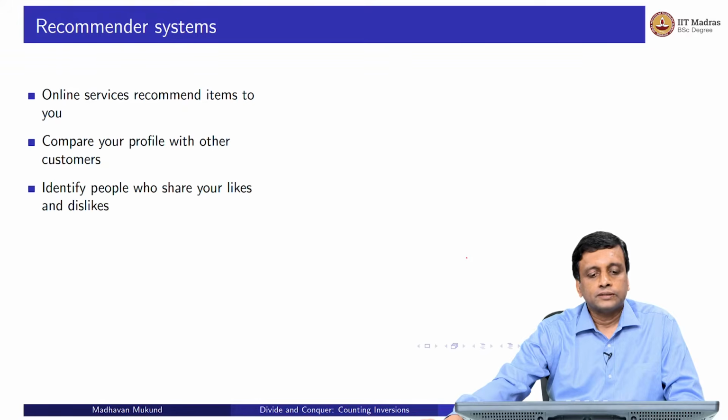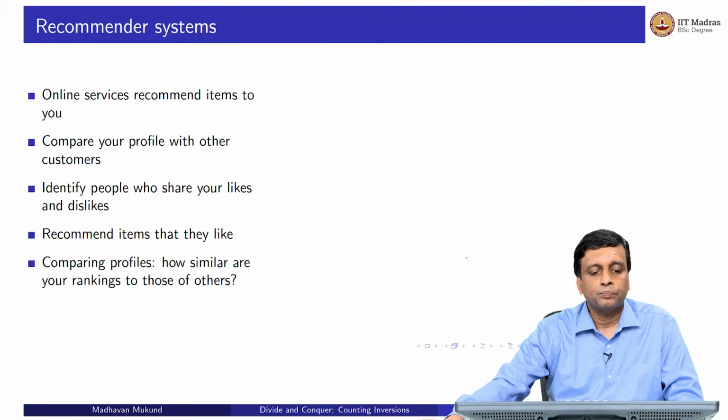So how do we do this? Well, we have to somehow identify other customers who have similar likes and similar dislikes, and based on this, the recommendation believes that if somebody else likes similar things to you and they have liked something subsequently which you have not seen, then it should be recommended to you. So our task is going to be related to this question of how to compare profiles.